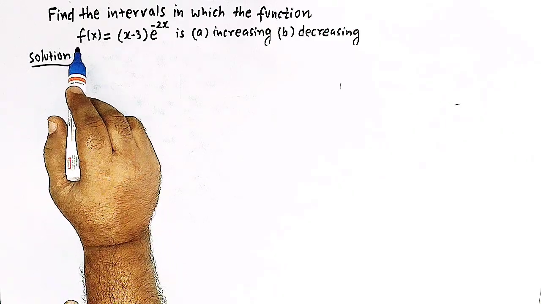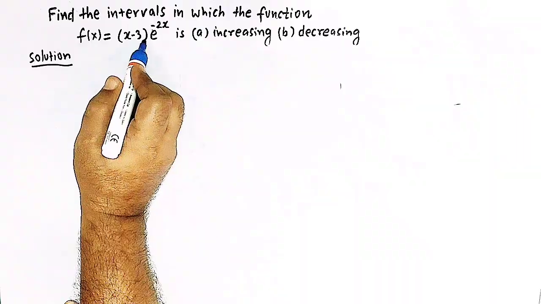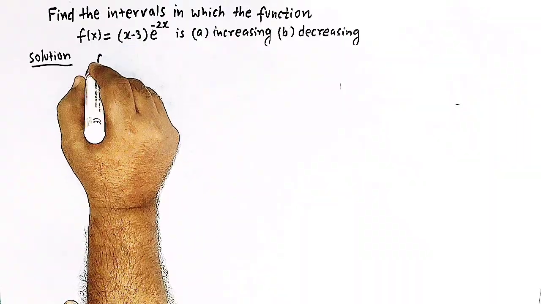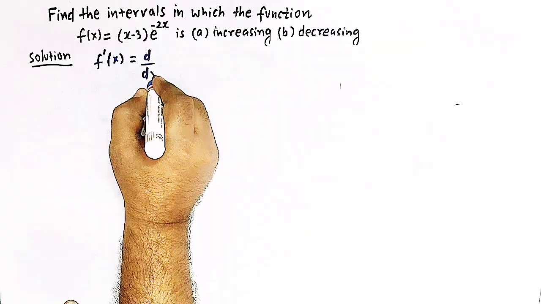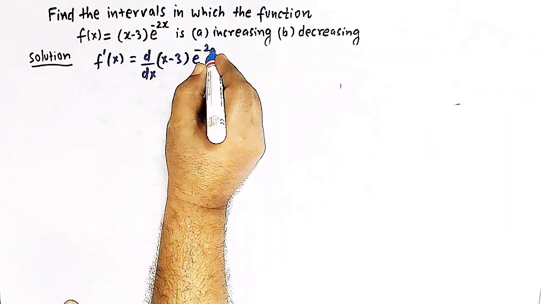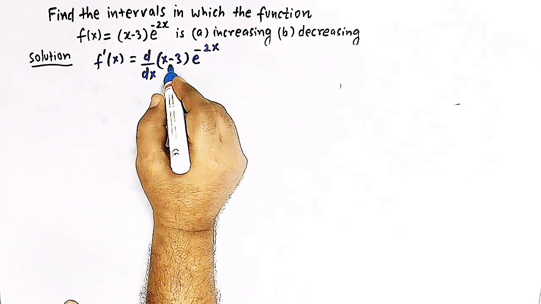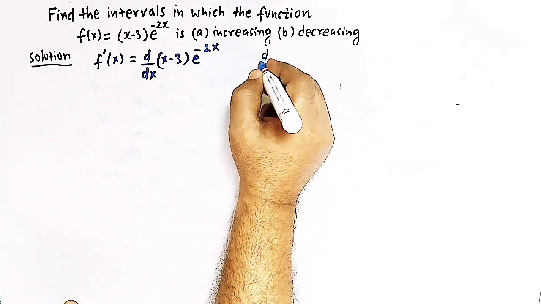So to get the intervals, let us first find out the derivative of this function, right? So f prime of x is given by d by dx of x minus 3 times e raised to minus 2x. So here we have to make use of the product rule for differentiation.